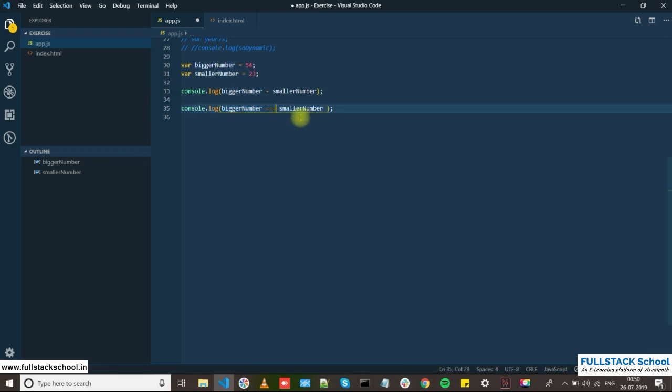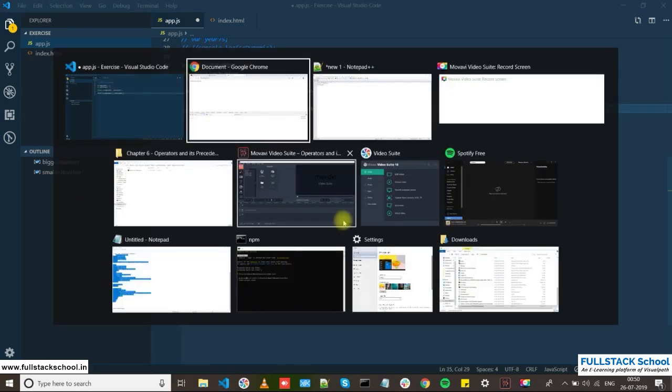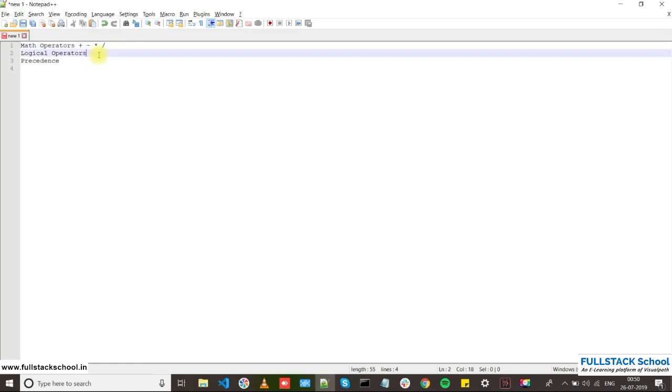What is the difference between 2 equals and 3 equals? I'll explain this in a future video, where we'll clearly see what these two do. So we have greater than, less than, greater than or equal to, less than or equal to, and this one, 3 equals, is for comparison.